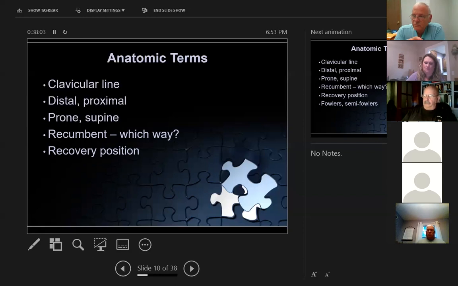Recovery position is a position we put somebody in, especially when they have a decreased level of consciousness or something like that. The recovery position is laying left laterally with their face down and their head tipped back up. We tip the head back to open the airway, and we turn the face down towards the floor in case they throw up or have secretions that block that airway, okay?